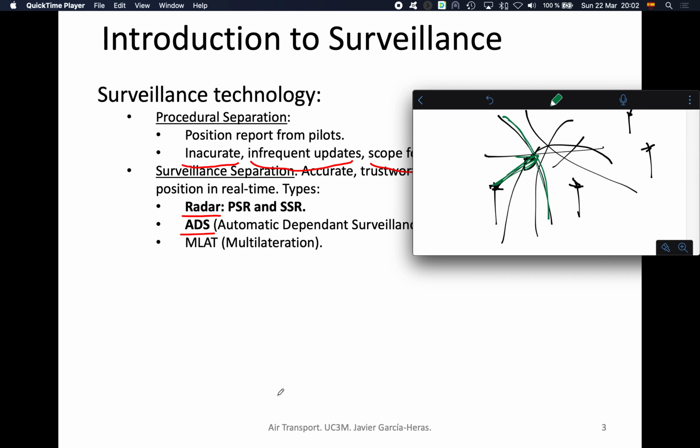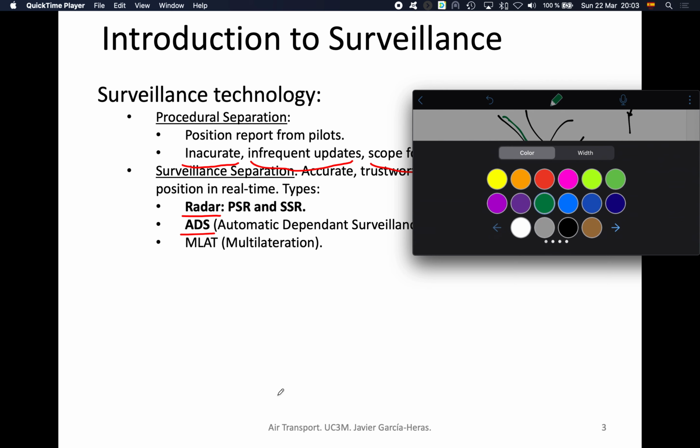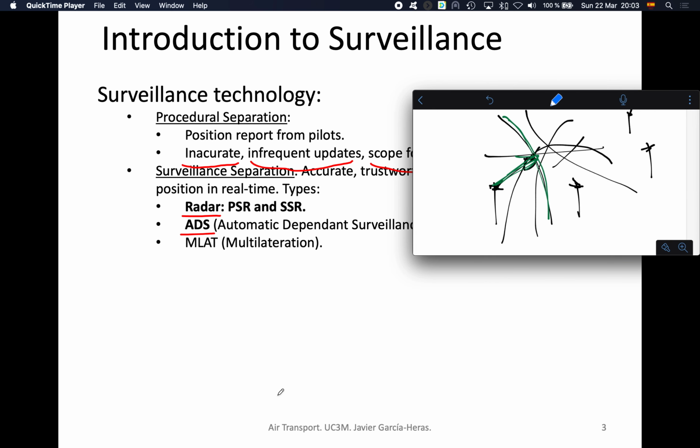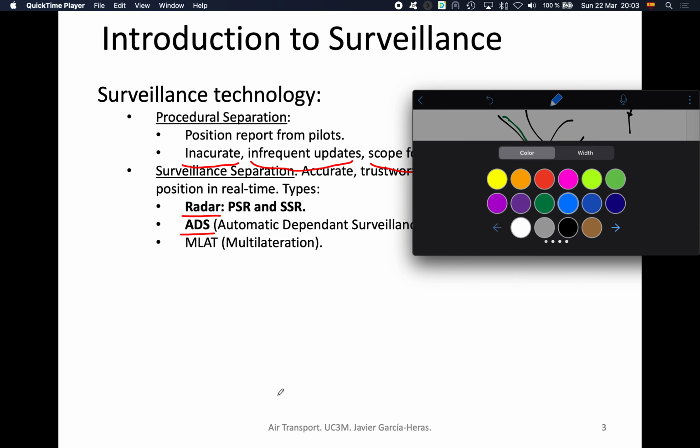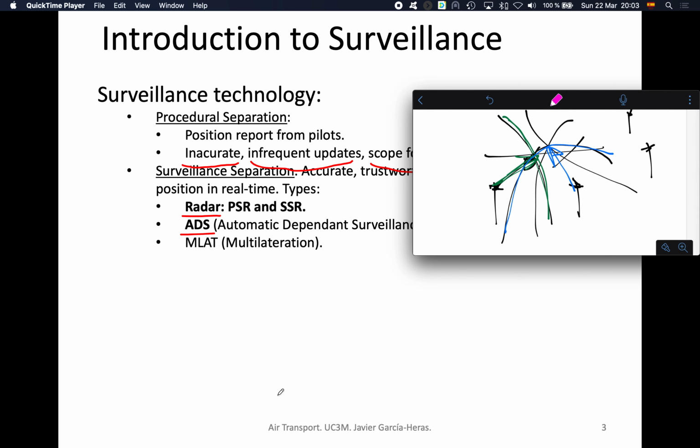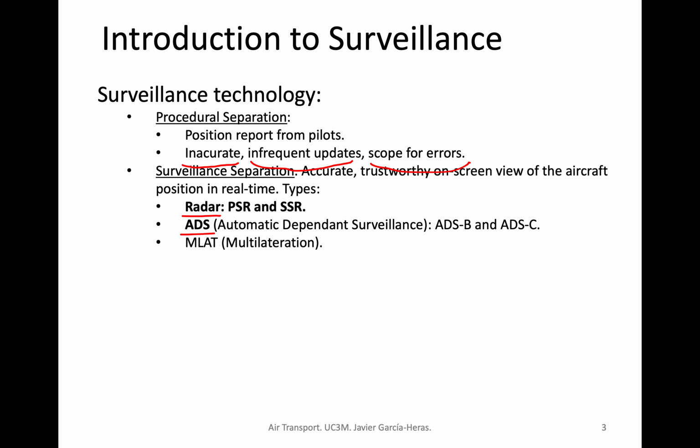This is the distance from this antenna, probably this color over here, from that one. And finally, what you are getting is the position of the plane as an intersection.